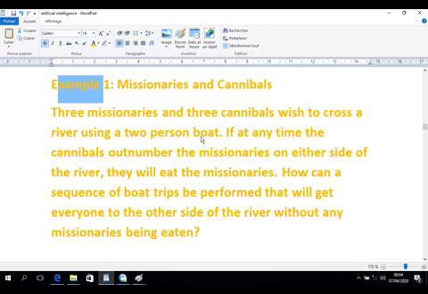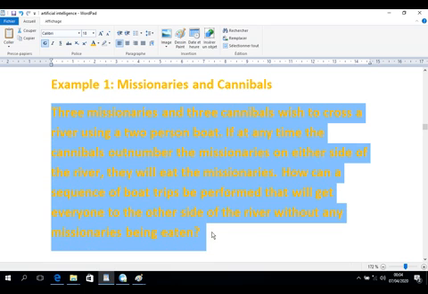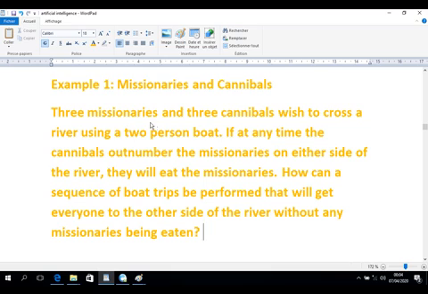Now we have examples of problems. Example 1. The missionaries and cannibals problem. And this is the statement of the problem. 3 missionaries and 3 cannibals wish to cross a river using a 2-person boat.